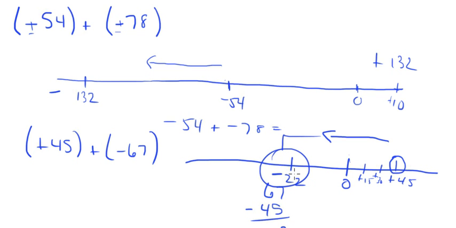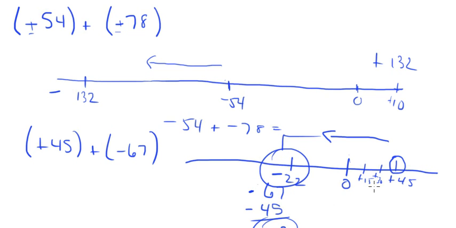But let's read rule number 2 again. The sum of two numbers, and here's the sum of my two numbers, with opposite signs, has an absolute value equal to the difference of their absolute values. Its sign is the same as the sign of the number with the greater absolute value. 67 is the greater one, right?